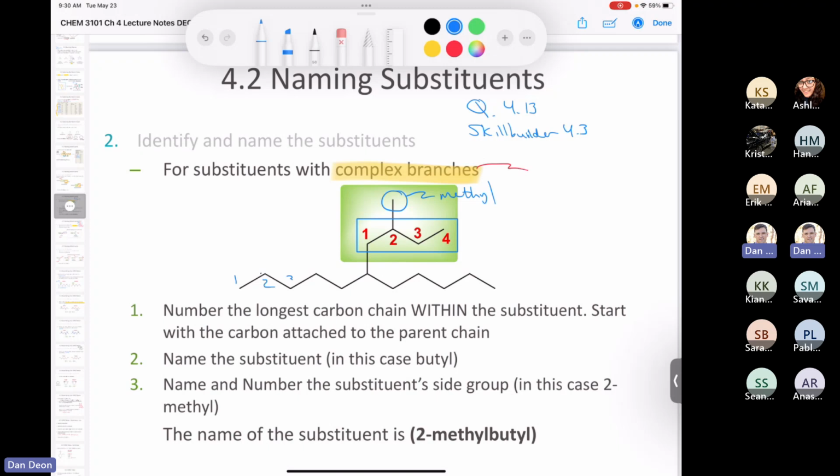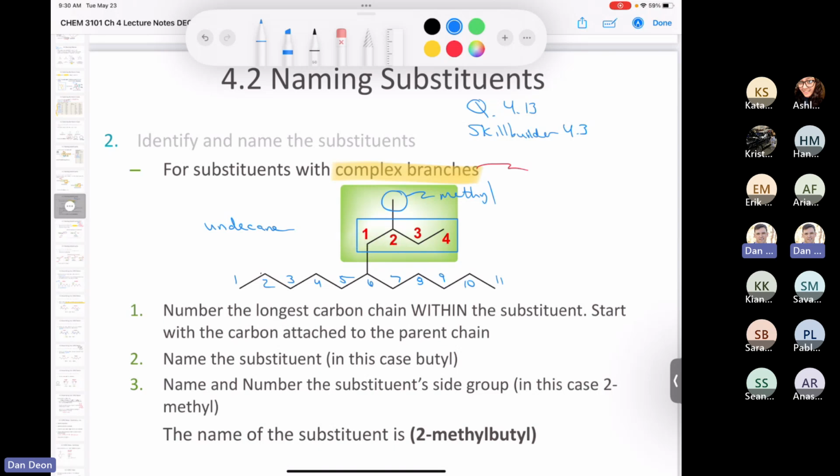1, 2, 3, 4, 5, 6, 7, 8, 9, 10, 11. So this is some kind of undecane. So this is an undecane. And then we have the complex branch here. So we have 2-methylbutyl.